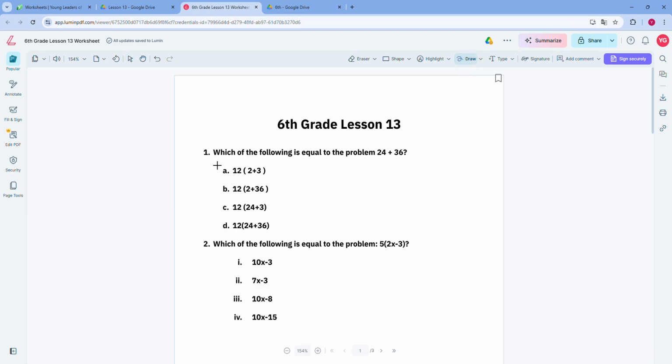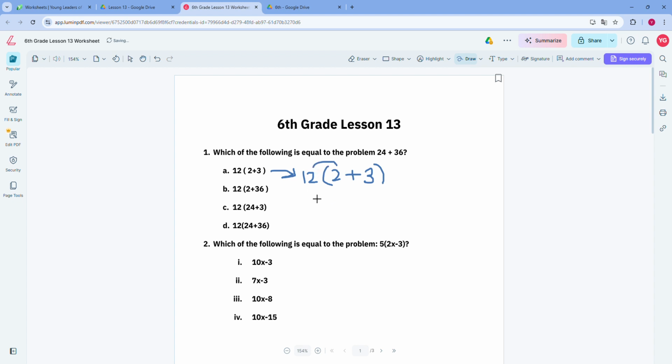So number 1 is asking which of the following is equal to the problem 24 plus 36. So I'm just going to grab the first answer right here and then I'm going to solve it. To solve this, you want to distribute the number that's in front of the parentheses throughout the numbers in the parentheses.